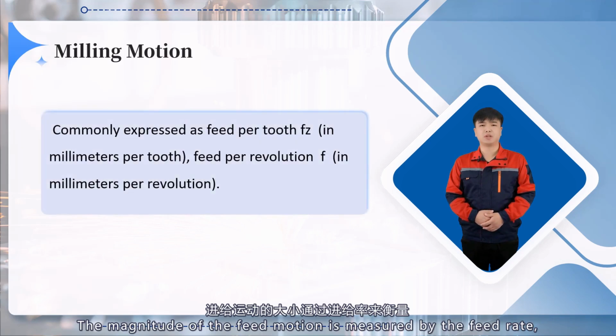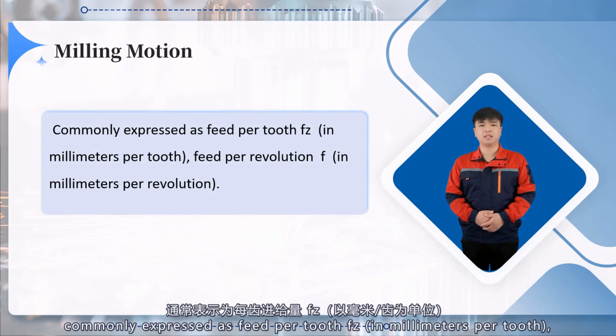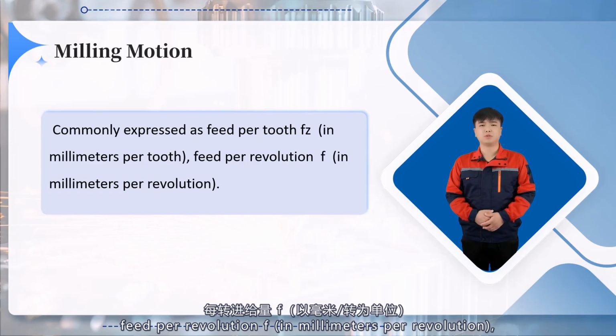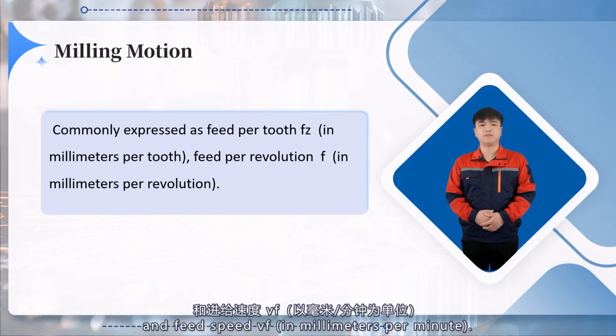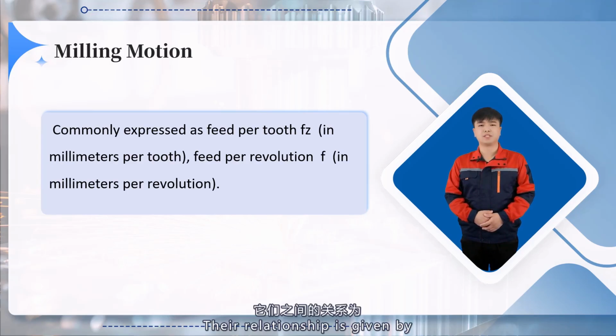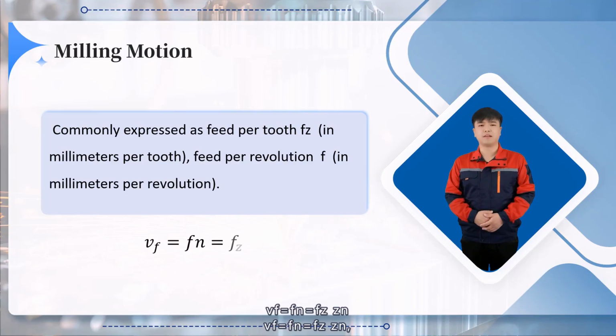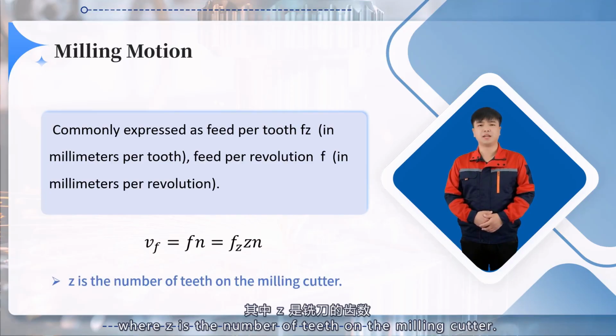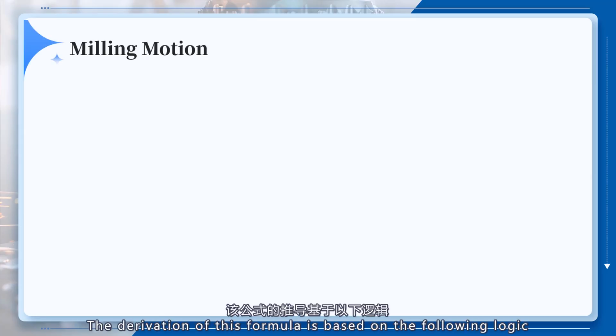The magnitude of the feed motion is measured by the feed rate, commonly expressed as feed per tooth, Fz, in millimeters per tooth, feed per revolution, F, in millimeters per revolution, and the feed speed, Vf, in millimeters per minute. Their relationship is given by Vf = Fn = FzZn, where Z is the number of teeth on the milling cutter. The derivation of this formula is based on the following logic.